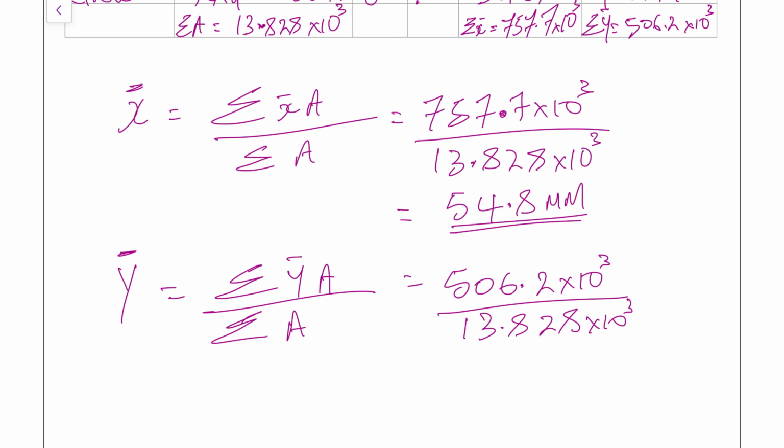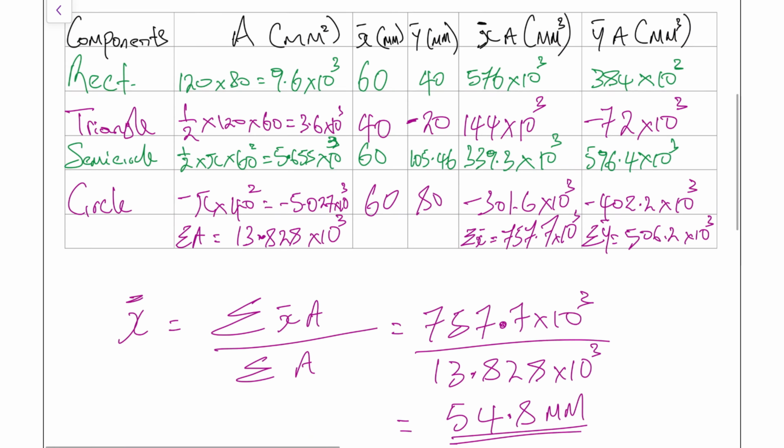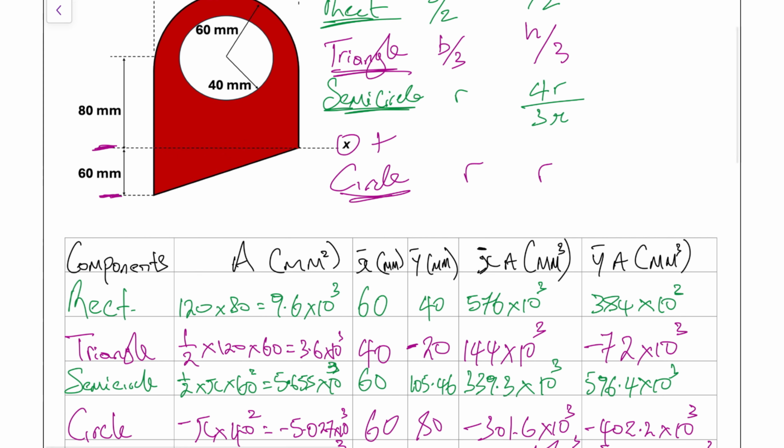And we end up with y bar as 36.6 millimeters. So that's our x bar, our y bar. In terms of that location, that's going to be somewhere around that mark there. So somewhere there, that's our centroid of the area.